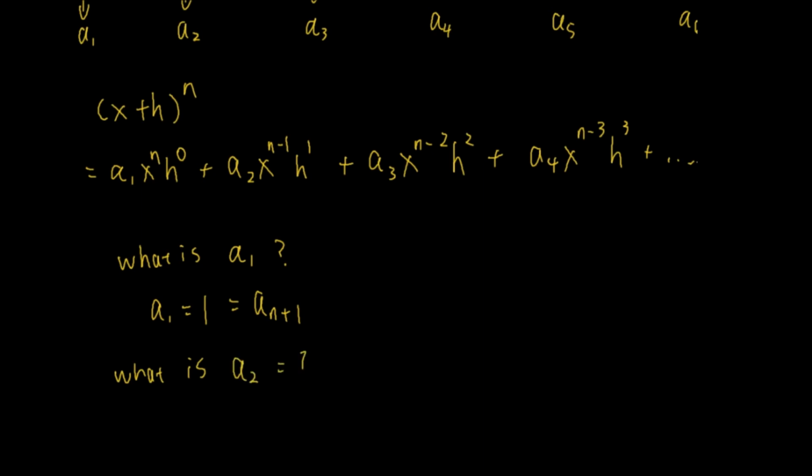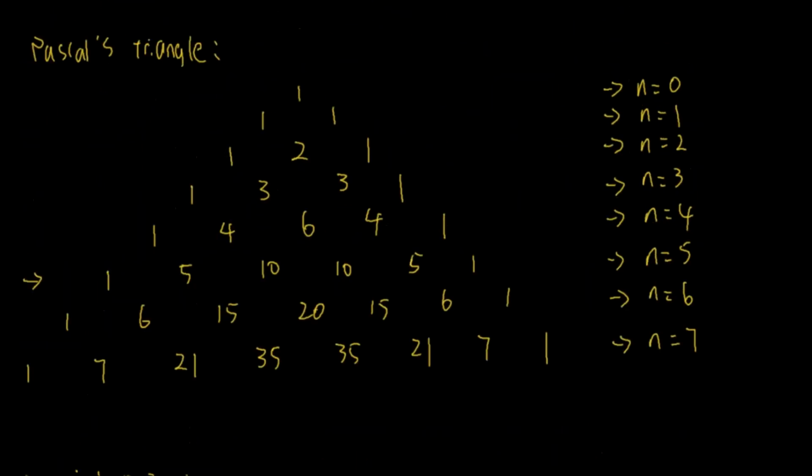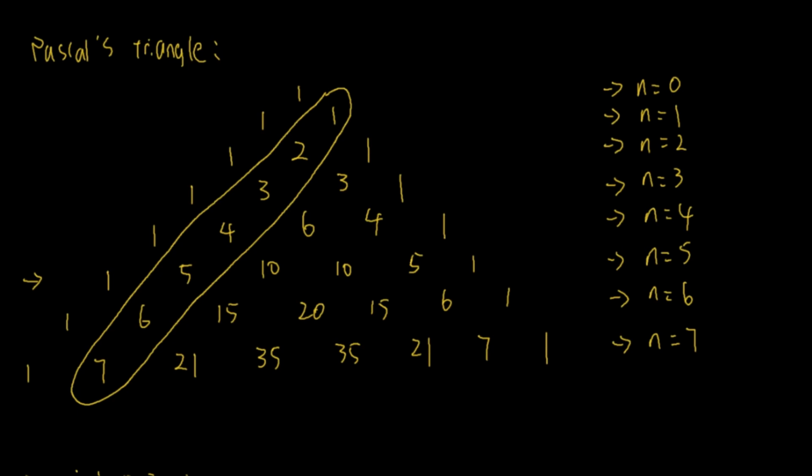But what is a sub 2 equal to? Can we possibly find a pattern, a formula, an equation that actually generates this number? For a sub 2, you have to look at this row here. This is a sub 2. Maybe I leave this circle here so that we know what we're looking at.